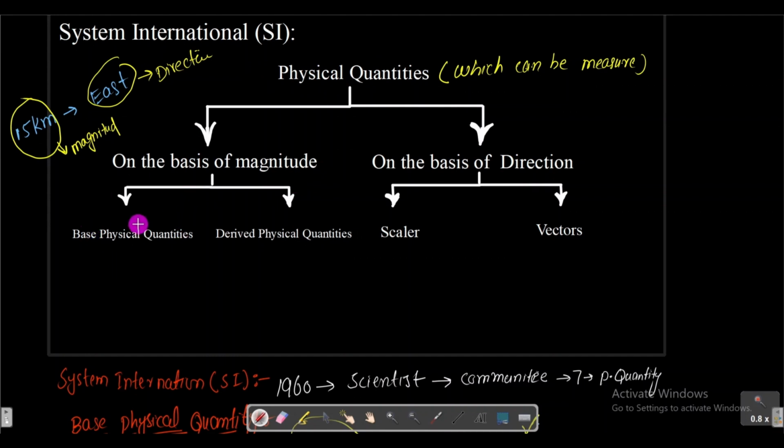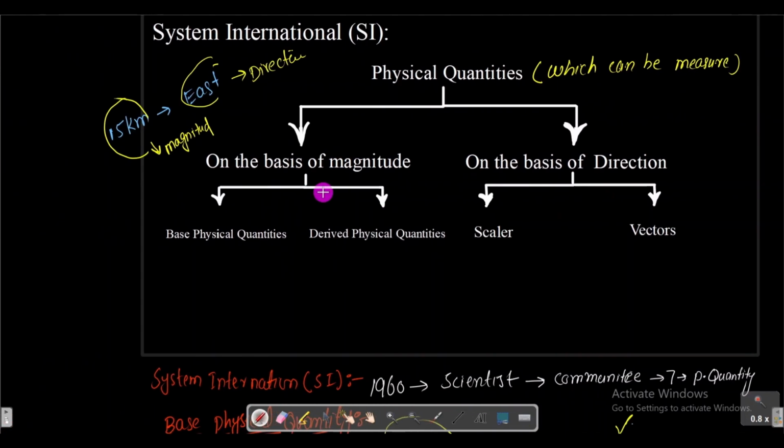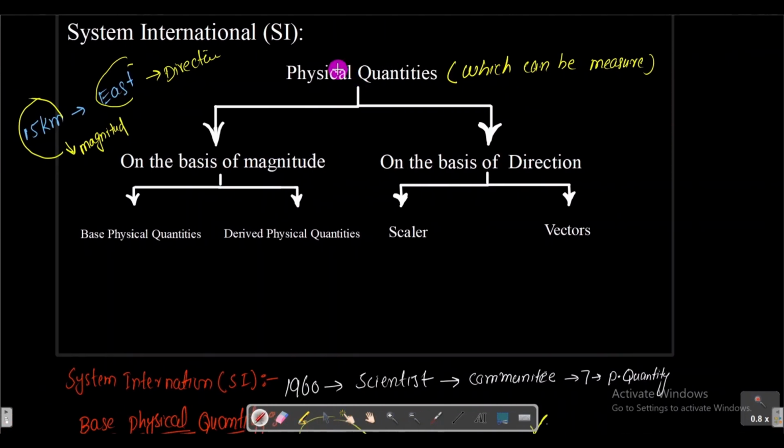The first one was the base physical quantities which come from the System International, and the derived physical quantities come from the multiplication or division of the base physical quantities. Now we will focus on how physical quantities are divided on the basis of direction.